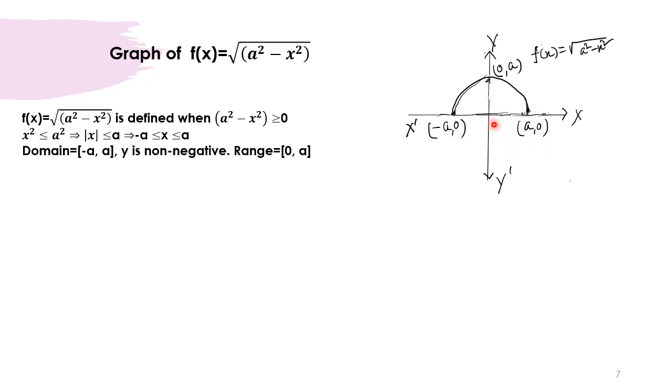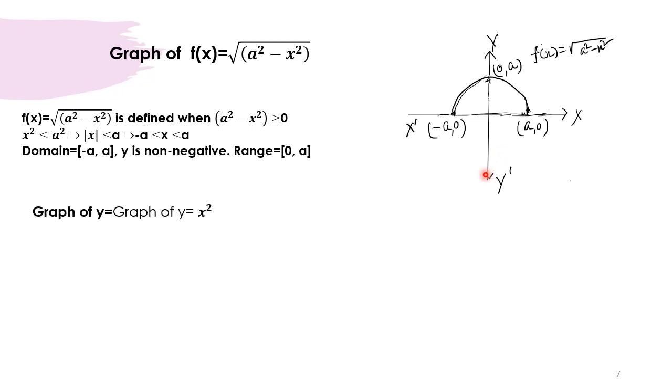Because you don't have any portion on the negative side of the y-axis, you can't take negative here. y is non-negative, and up to a. You can't say non-negative real numbers here. It is 0 to a. Okay, so this is the thing.